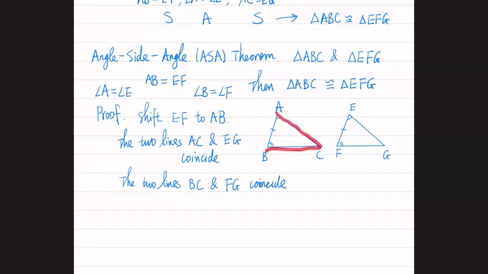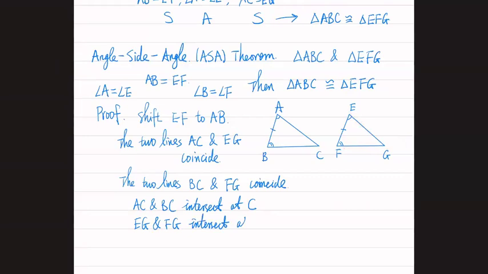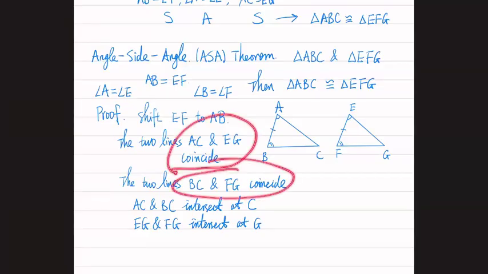These two lines intersect at C. The other two lines intersect at G. These two lines coincide, and these two lines coincide.